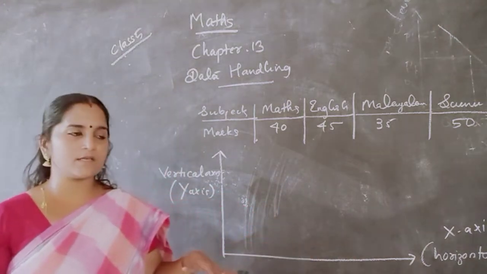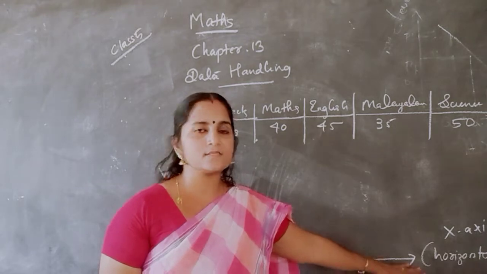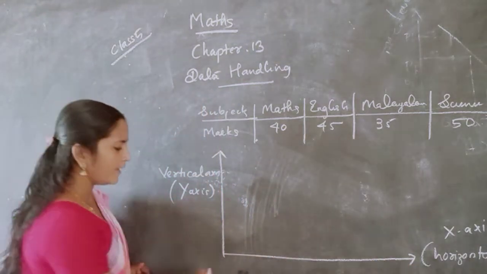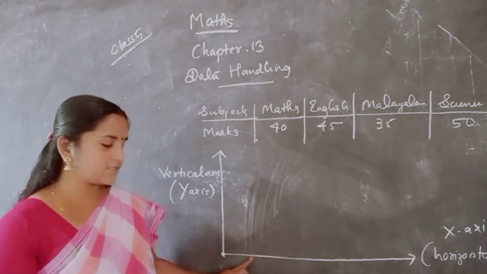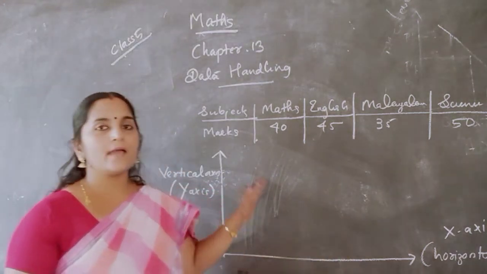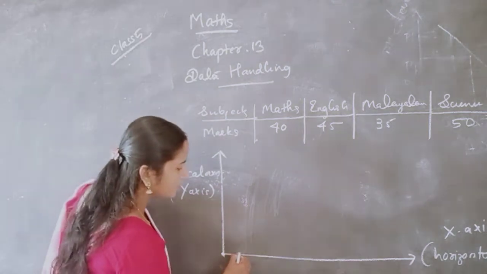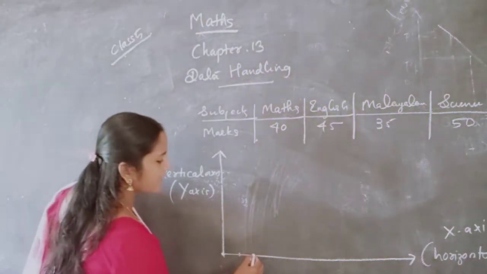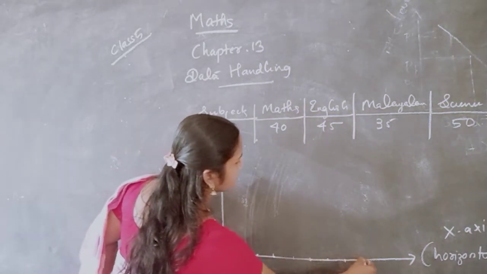You just understand this is our horizontal axis and this is our vertical axis. From this intersection, use a scale to mark the points on these axes. In your scale you know one unit mark. Use that scale to mark these points like this.